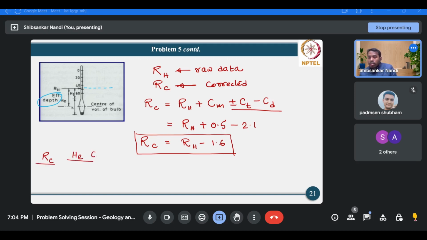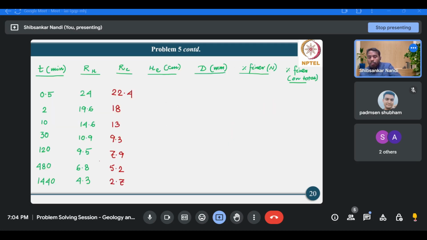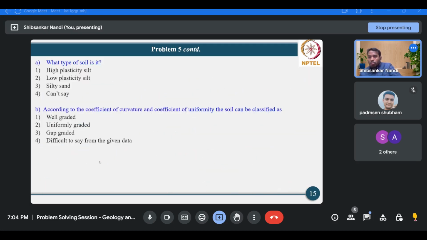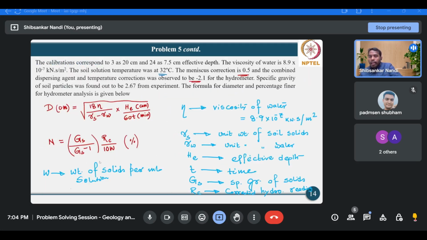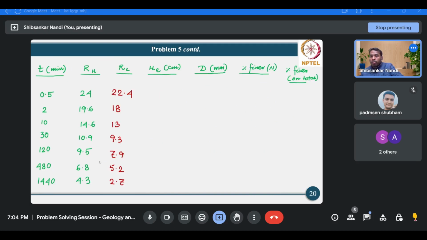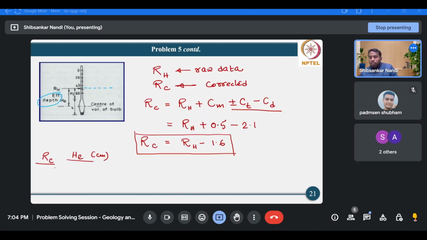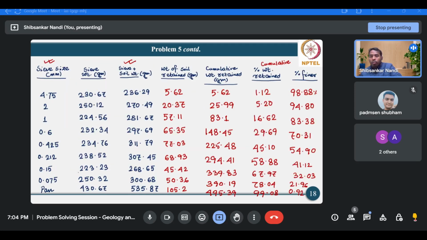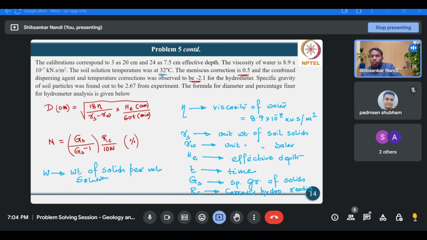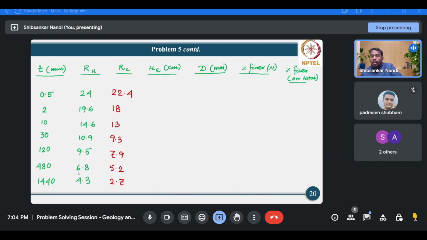When the hydrometer is calibrated like that, when the RC is 3, it indicates an effective depth of 20 centimeter. And when the corrected hydrometer reading is 24, it indicates an effective depth of 7.5.